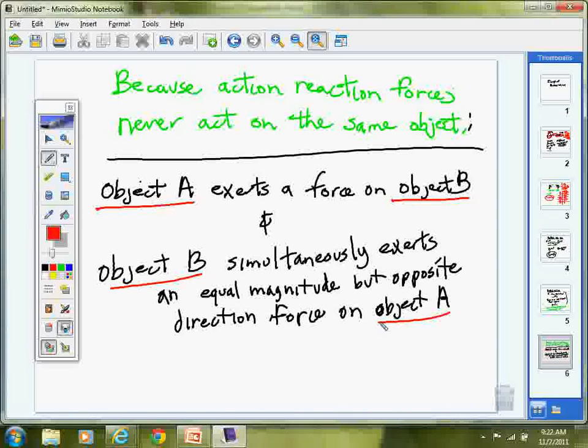So is it because they're different objects that it's not canceling?